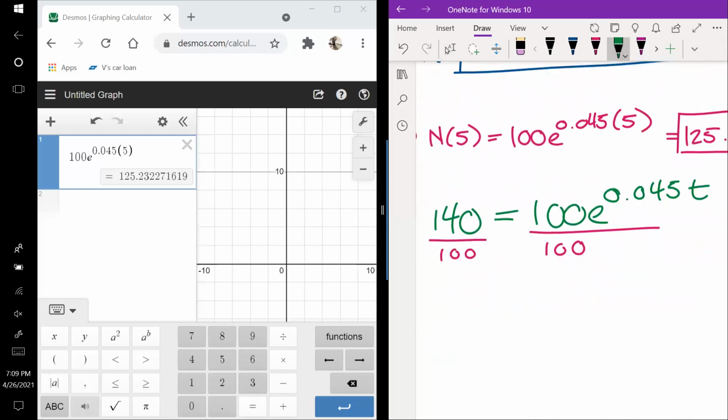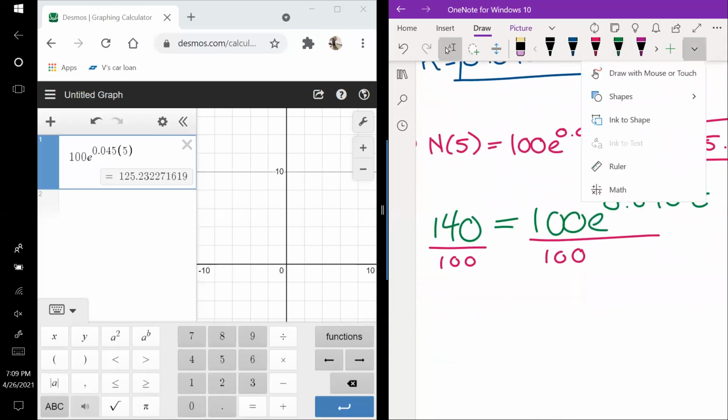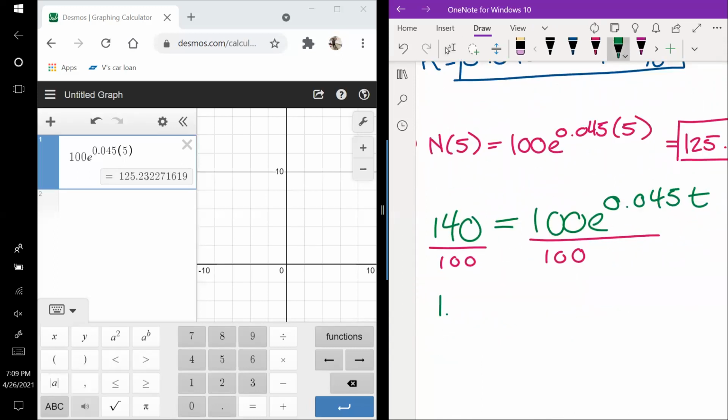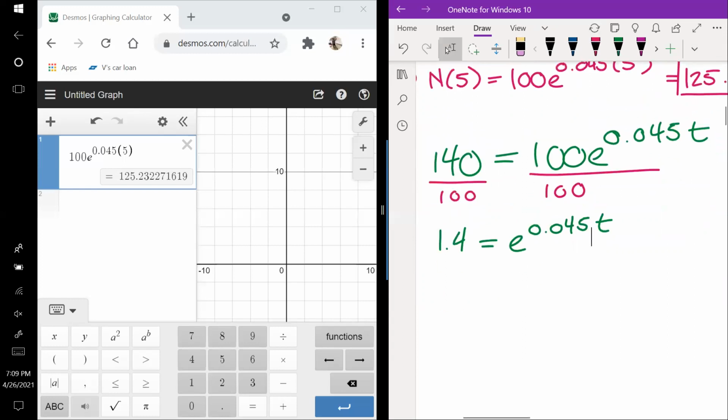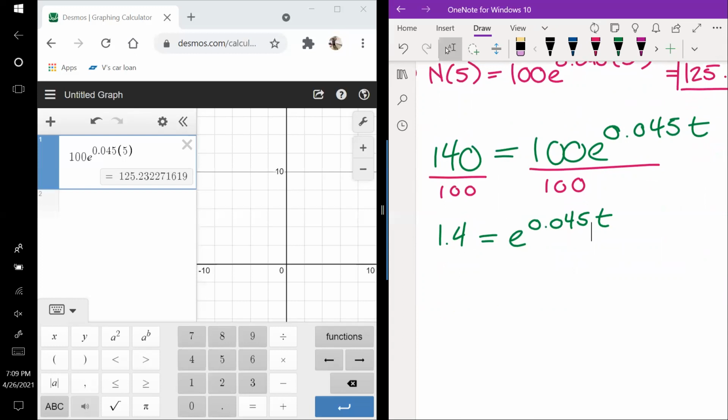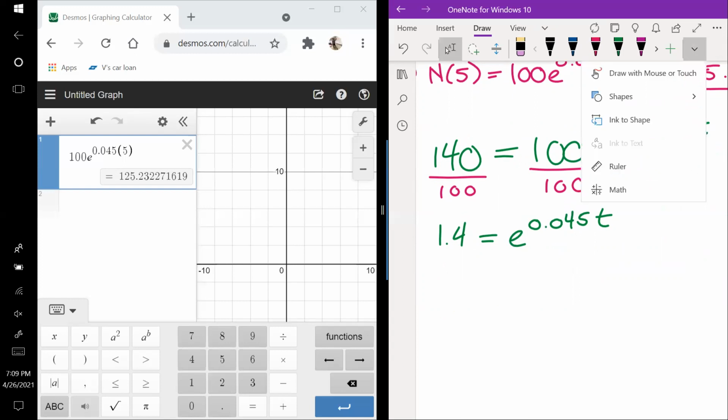And then I should get 1.4 equal to e to the 0.045t. Okay. And then what we're going to do is convert from exponential to log.